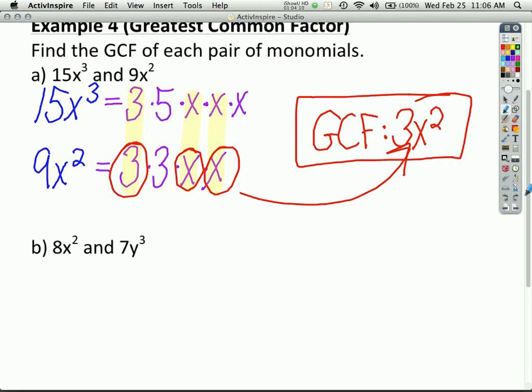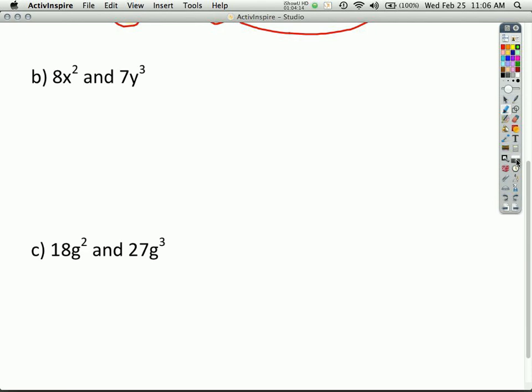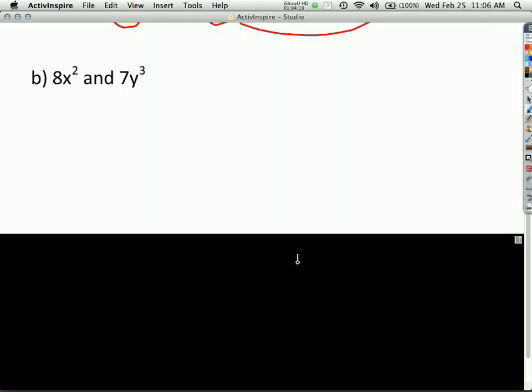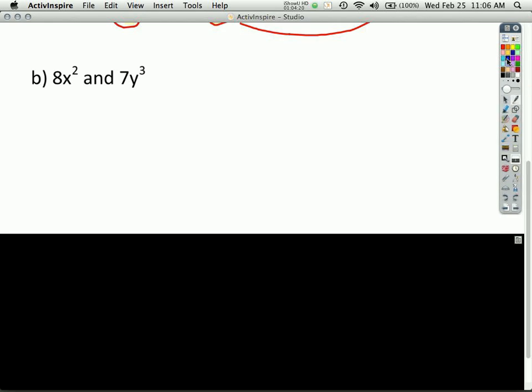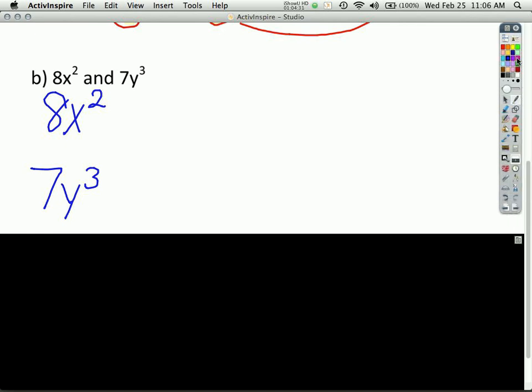So let's make sure we're understanding, and let's do one more. We're going to skip over part C. So we'll stack them up. 8x squared and 7y to the third. And split it up so that it is a product of all its prime factors and all its variables.